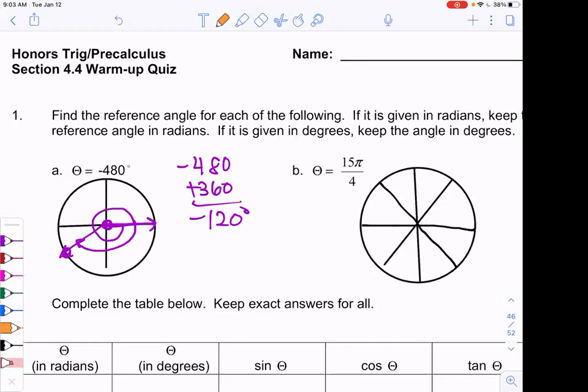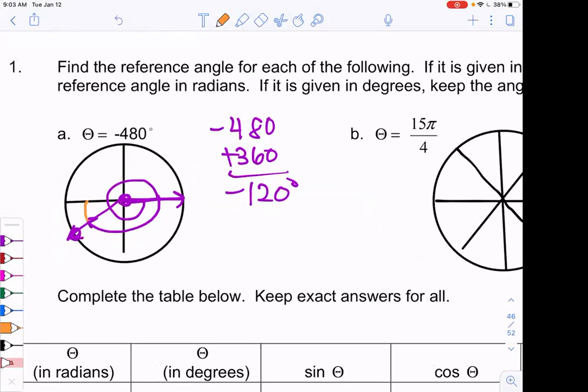Our goal is to find the reference angle, which remember is the angle that connects the x-axis and the terminal side. We said yesterday that was theta prime. Yeah, go for it. Yeah, so you need to take 180 minus the 120 degrees that we have left.